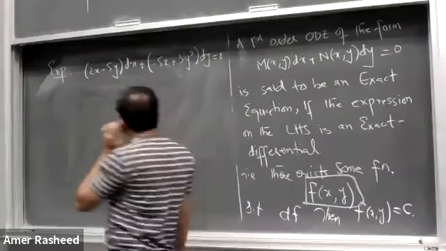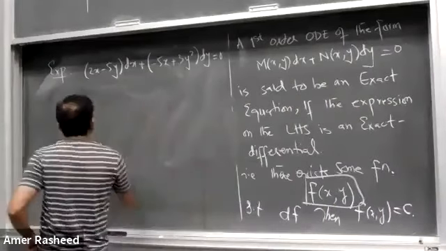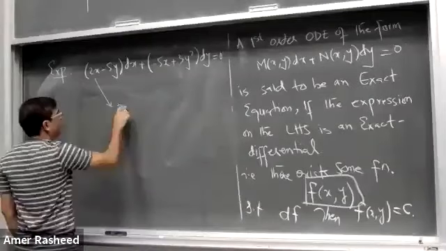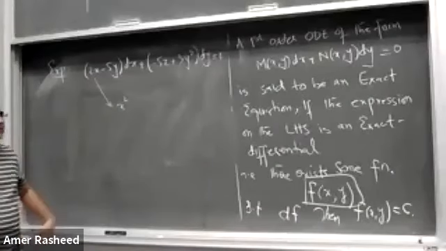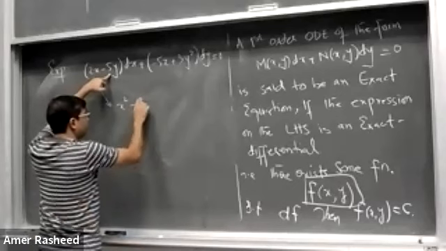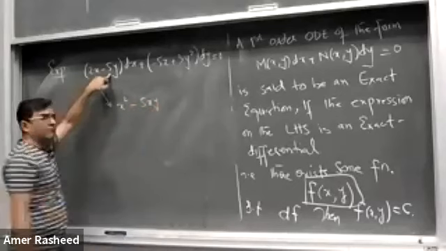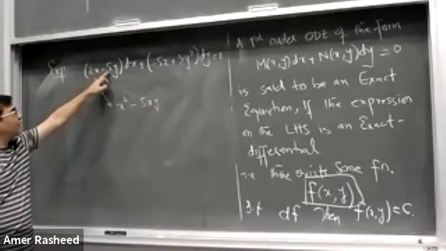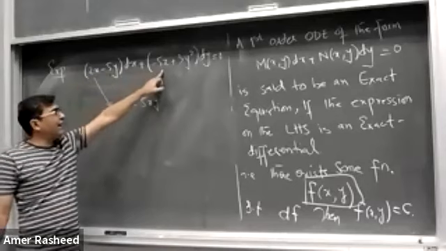Now, you can see here that we have 2x, and here we had partial f over partial x. So this 2x comes from x squared. And 5y comes from negative 5xy, because here we have negative.